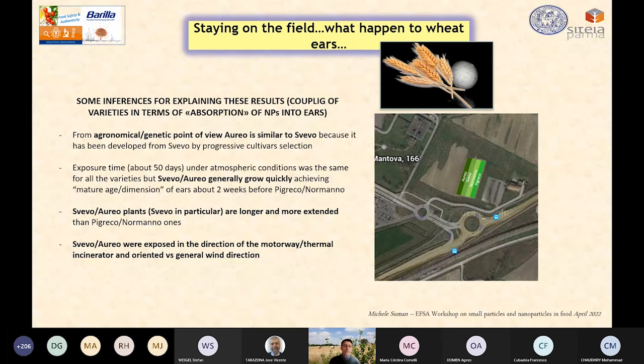Furthermore, Svevo and Aureo were exposed in the wind direction, toward the motorway and also the thermal incinerator present in the Parma area. So we considered all these aspects as an explanation of the higher accumulation in those two varieties, which were harvested at the same moment as the other two.